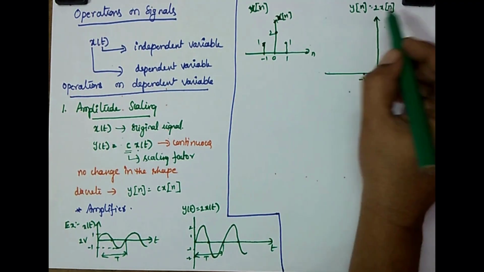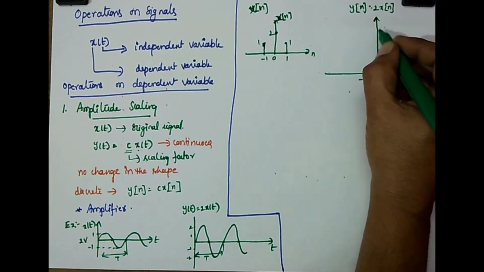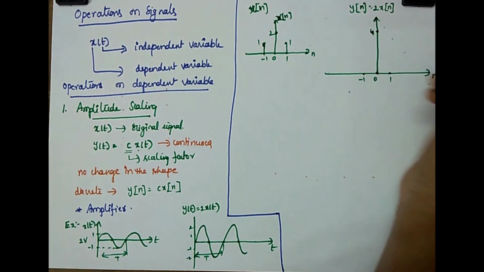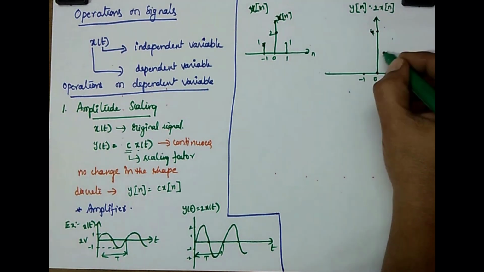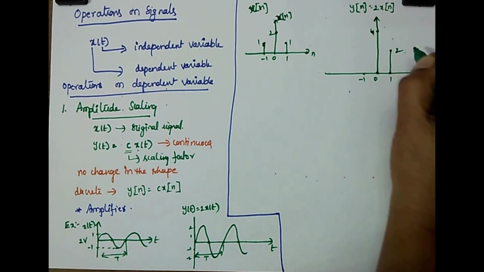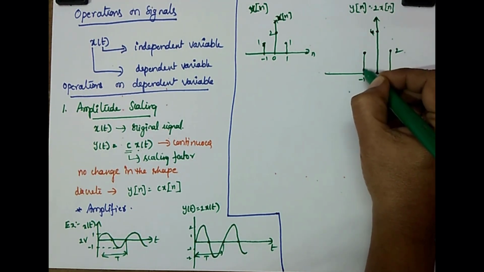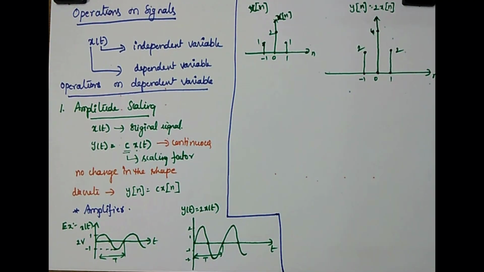Actually it is 2, but if it is multiplied by 2 it becomes 4. At 1 you have the amplitude of 1, so now it becomes 2. Here also it becomes 2. So this is your amplitude scaling.